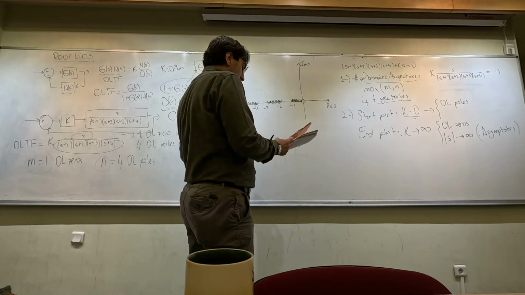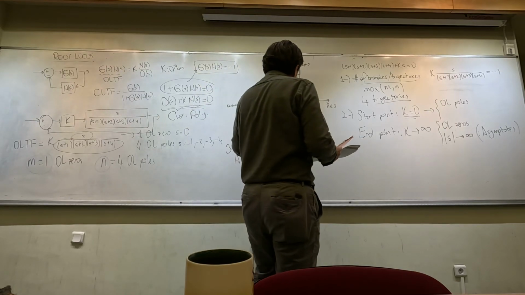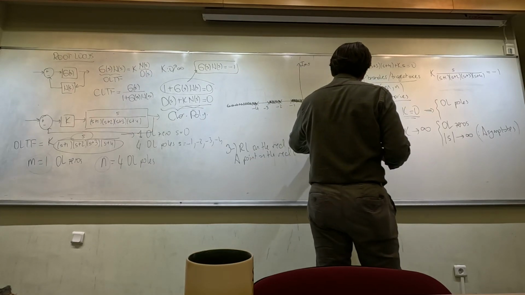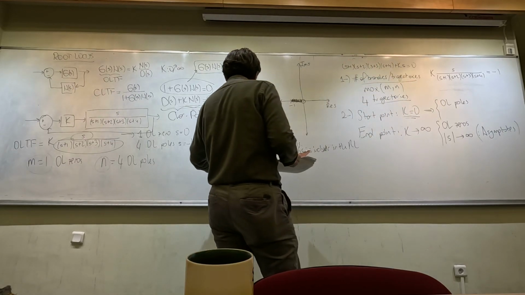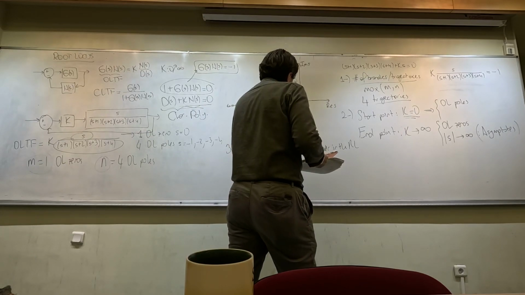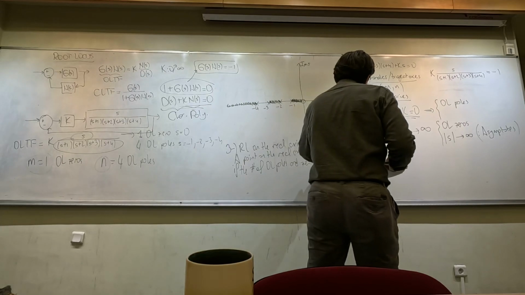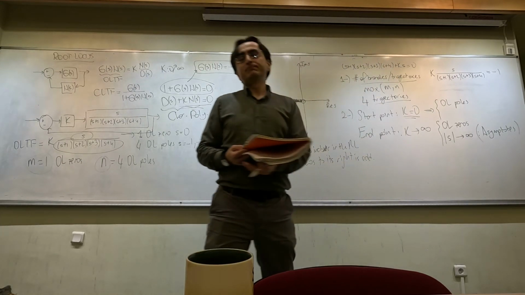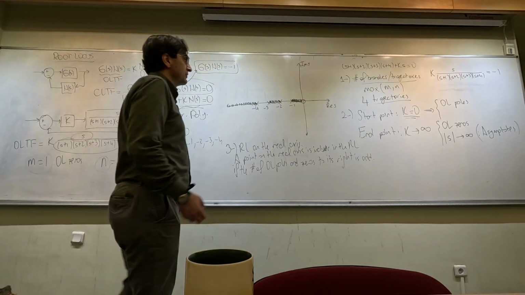A point on the real axis is included in the root locus if the number of open loop poles and zeros to its right is odd. Okay? This is the general rule for the root locus on the real axis.